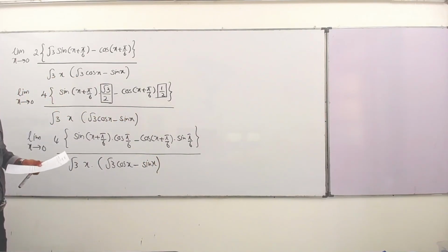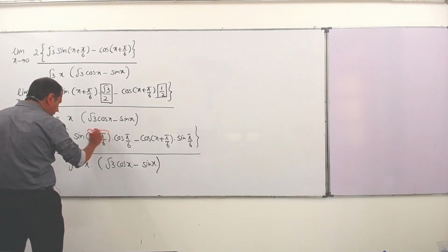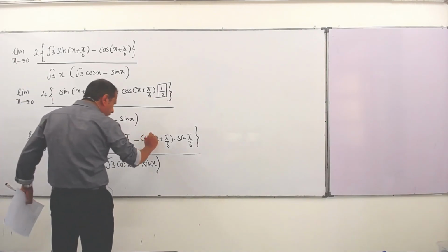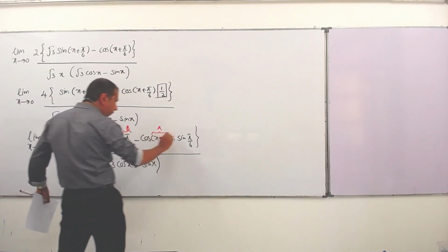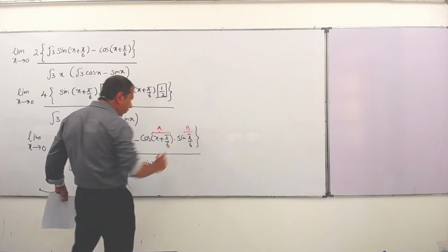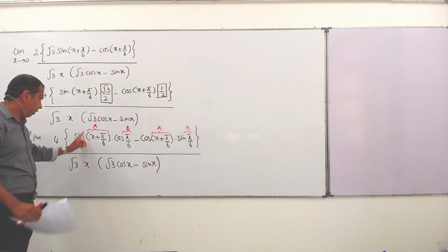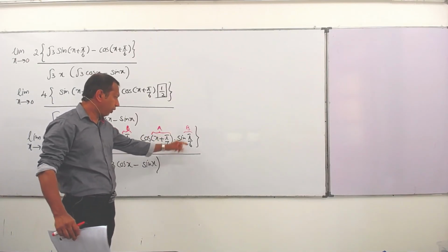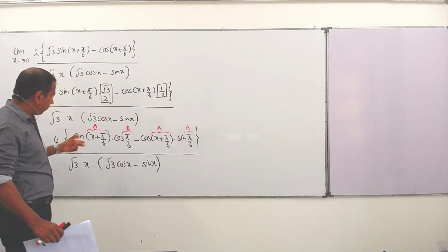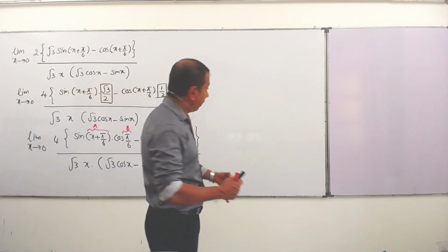Then you can take this out. If you take this angle as your angle A, this is also angle A. This is B. This is also B. Then here we have sin A cos B minus cos A sin B, which means sin(A minus B), right?